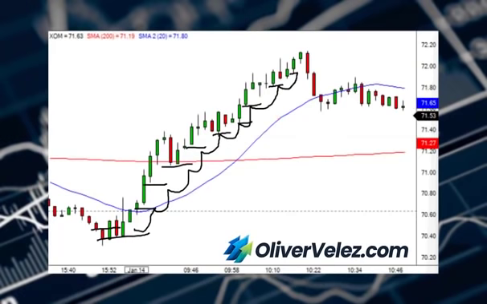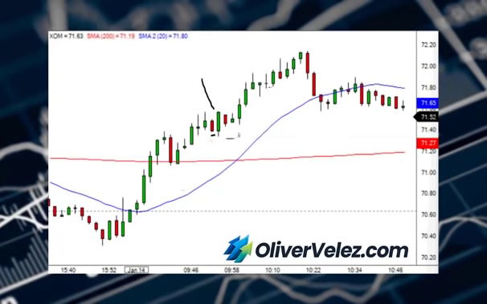Now, my main point is this. You see this bar here? If you allow yourself to get stopped out inside of this bar, you don't understand the power of fat bars.